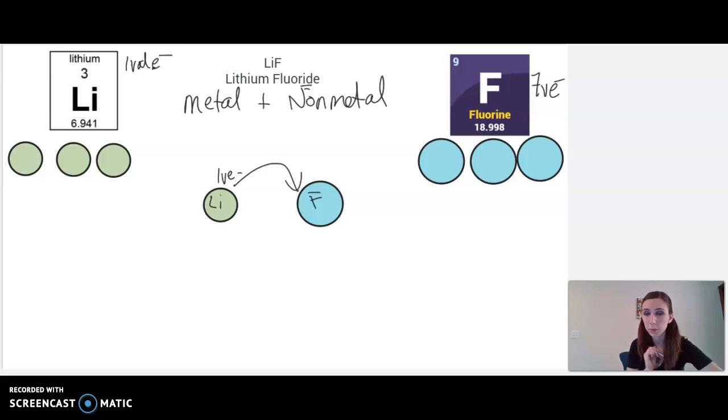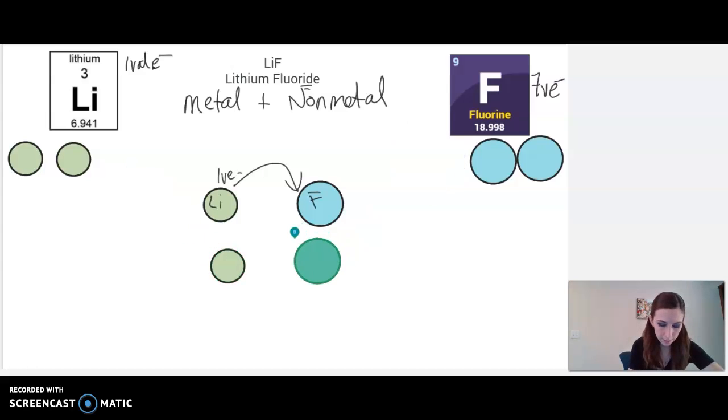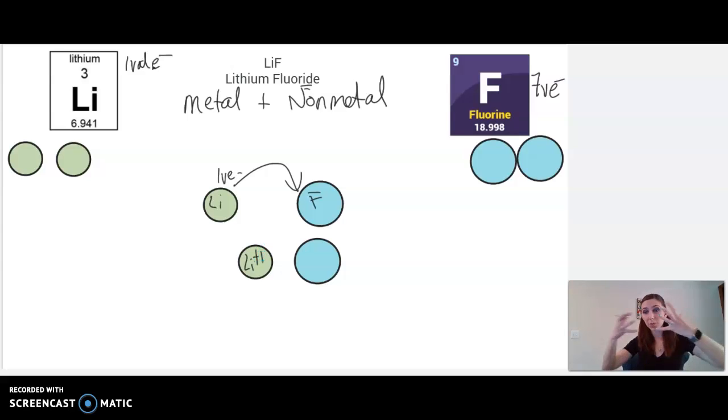If lithium gets rid of that 1 valence electron, lithium is then going to become lithium +1 because it's getting rid of that 1 electron. Fluorine's going to gain that electron, so fluorine's going to gain a charge of -1.